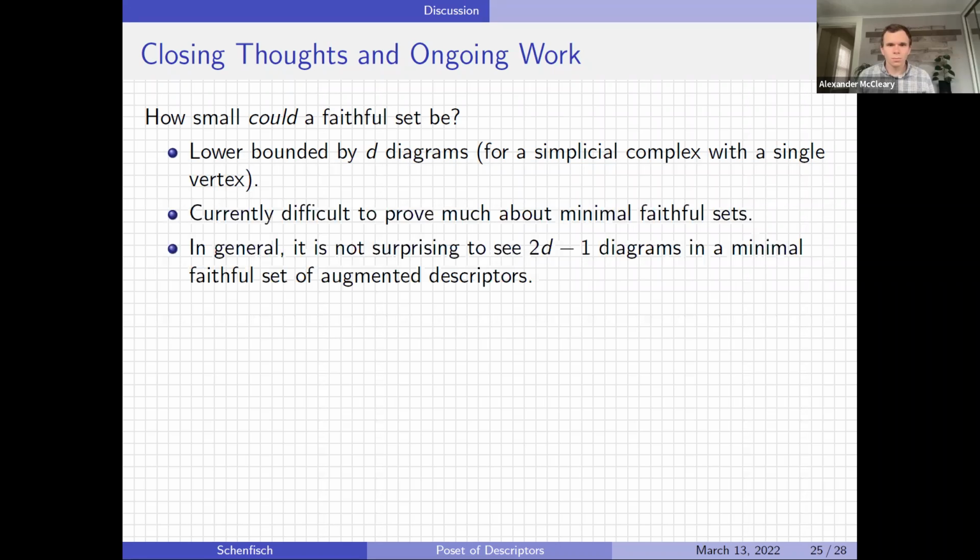One surprising thing that we've seen come up is when we're dealing with augmented descriptors, in the situations that are small enough for us to understand, we often see the number 2D minus 1. Remember, D being the dimension that our complex is embedded in. We often see that number come up as the size of a minimal faithful set. So for a while, we actually believed that that was the size of a minimal faithful set.